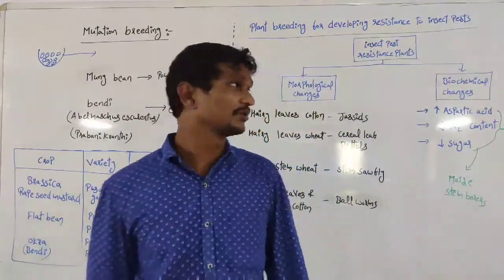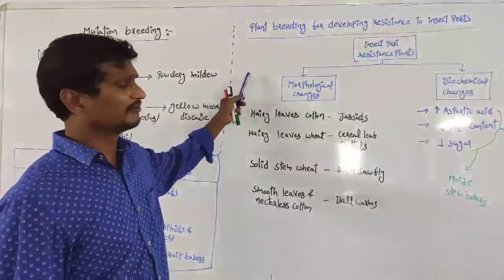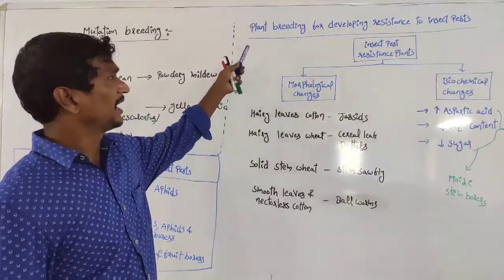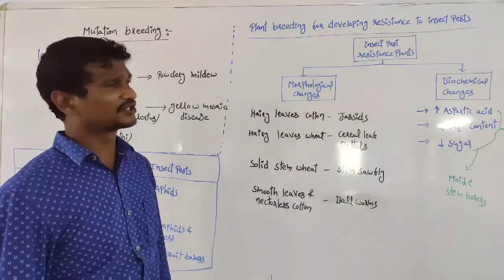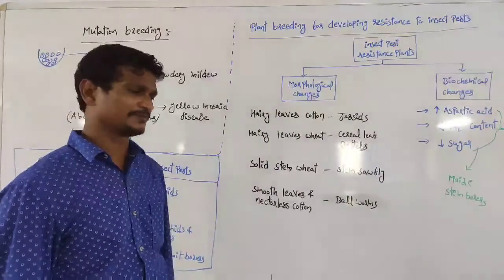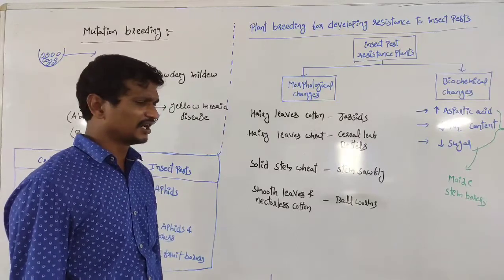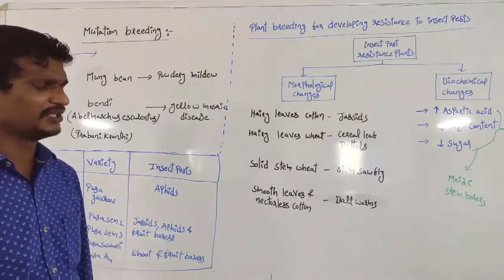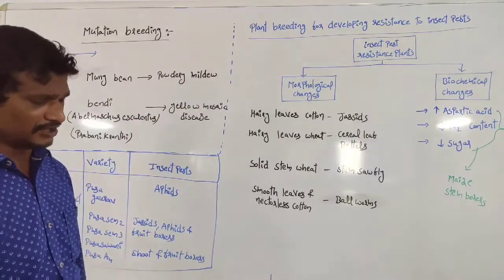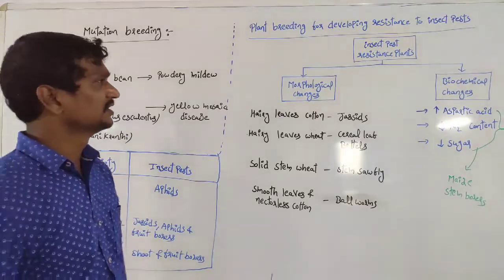And coming to the next one, a very interesting and very important topic, plant breeding for developing resistance to insect pests. Whatever insects and pests are there, the plants have resistance.